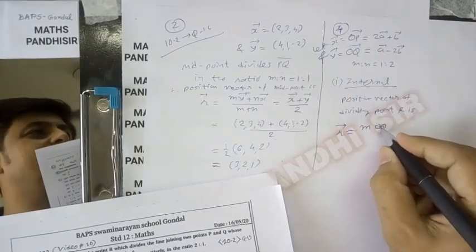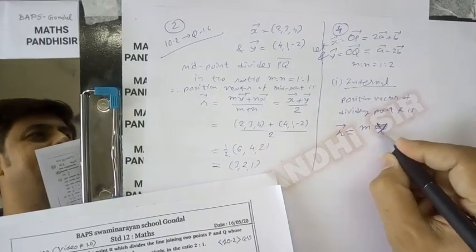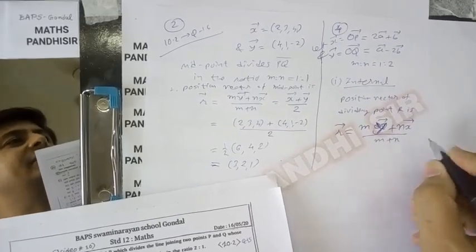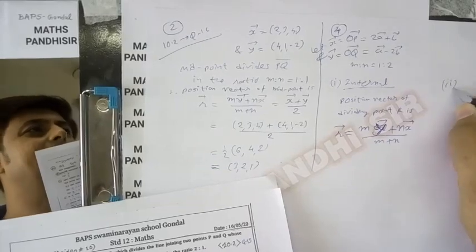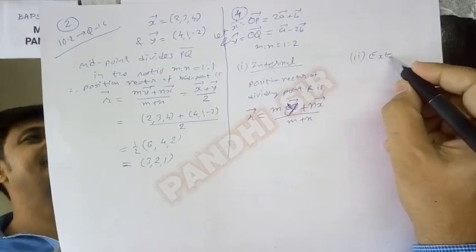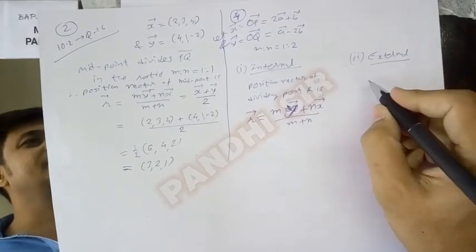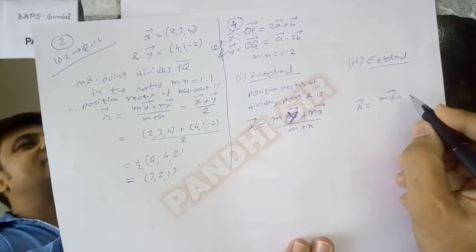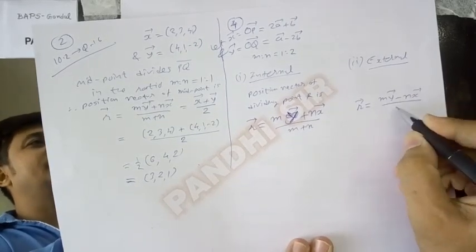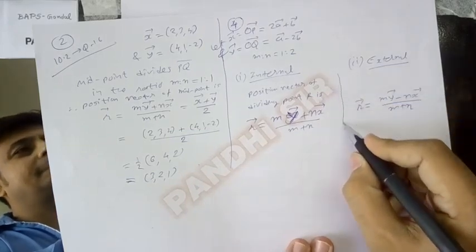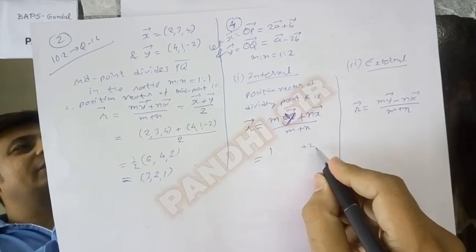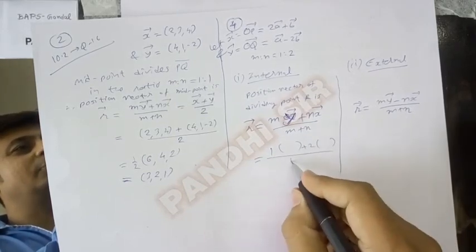So here no need to write OQ, it is now my plus nx upon m plus n internally, and for external division, the position vector is my, but this time it is minus nx upon m minus n. Okay, so now substituting this 1:2 here, 1 plus 2 upon 1 plus 2.